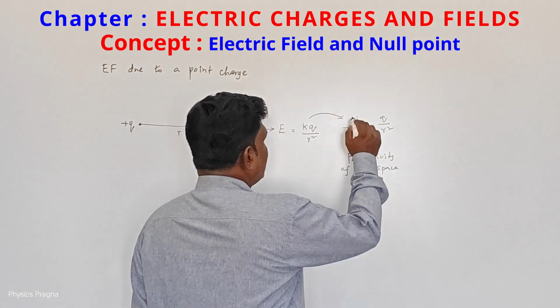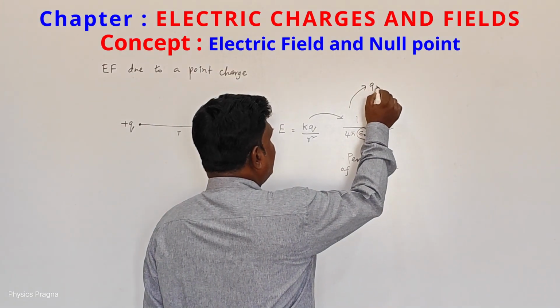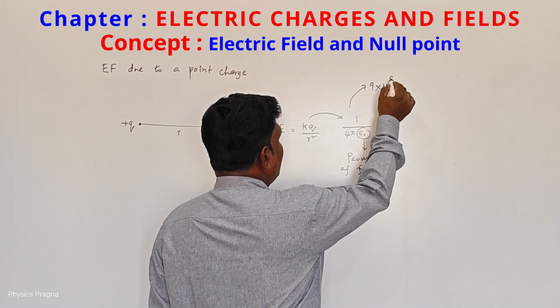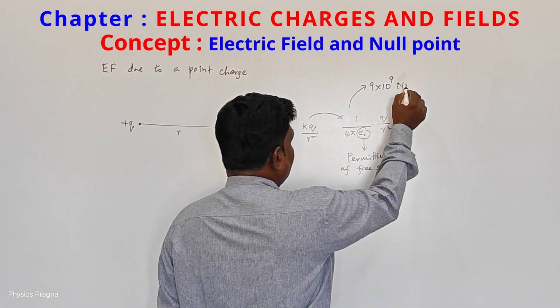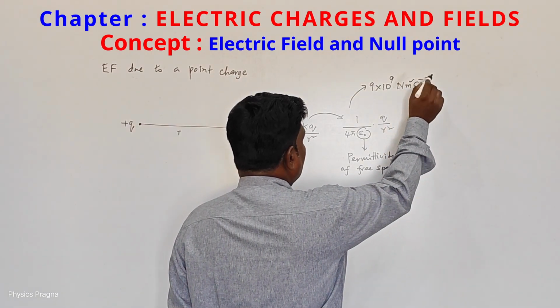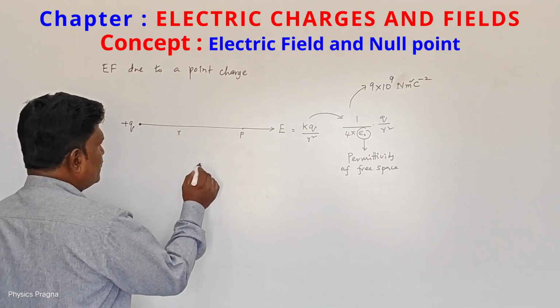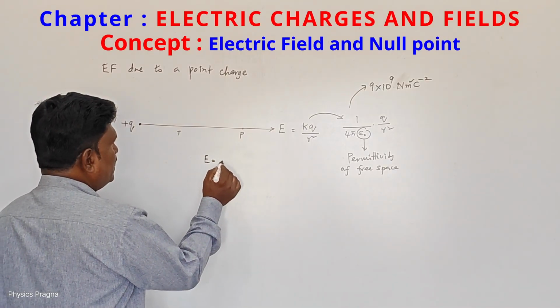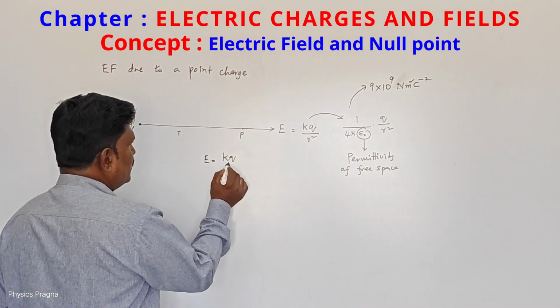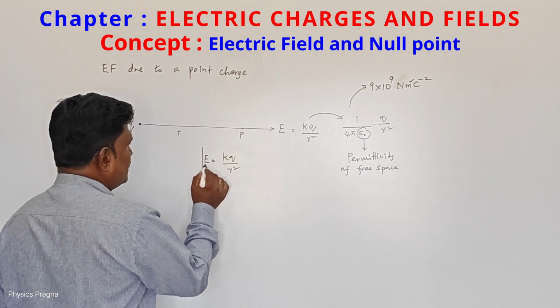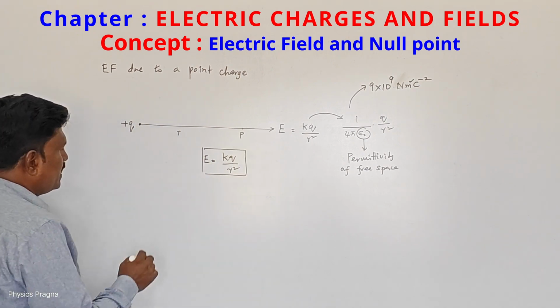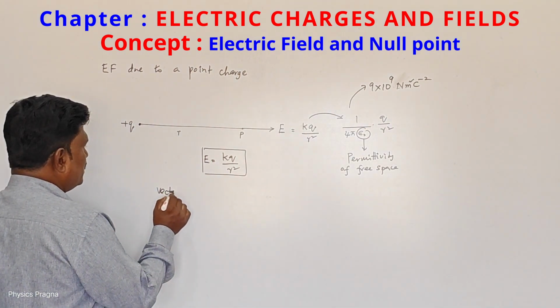And this 1 by 4 pi epsilon naught value, we know, is 9 into 10 to the power of 9 newton meter square per coulomb square. So here the formula for a point charge is E equal to kq by r square. Let us write the vector form.